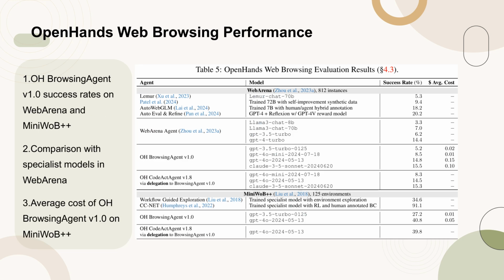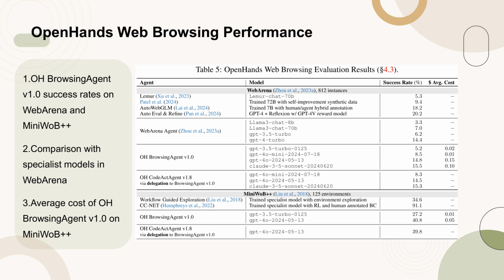Table 5 presents the evaluation results of OpenHands web browsing capabilities across two benchmarks, WebArena and MiniWebB++. The OH browsing agent version 1.0 demonstrates competitive success rates on both platforms, highlighting its generalist approach. In WebArena, it achieves a success rate of 34.6%, comparable to specialist models like AutoWebGLM.